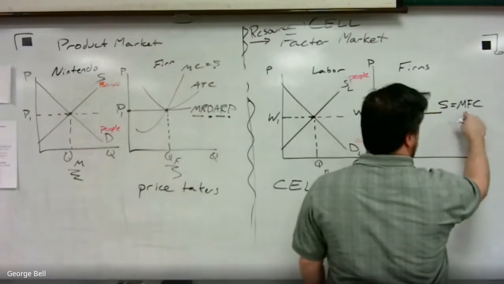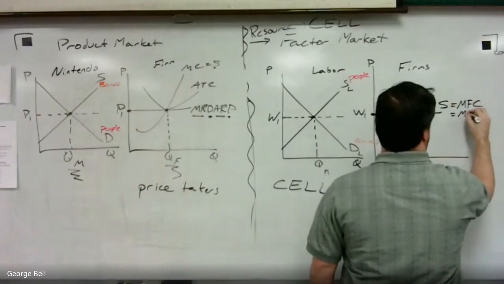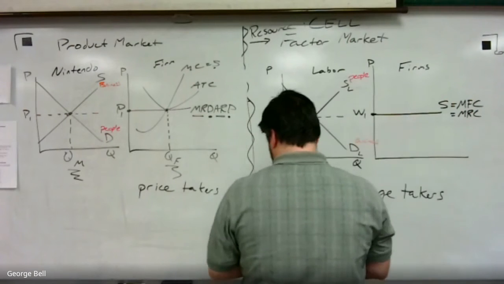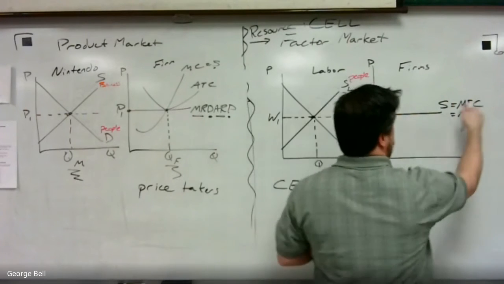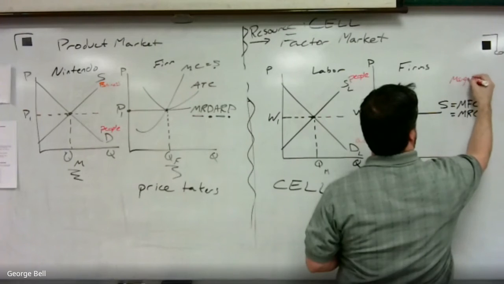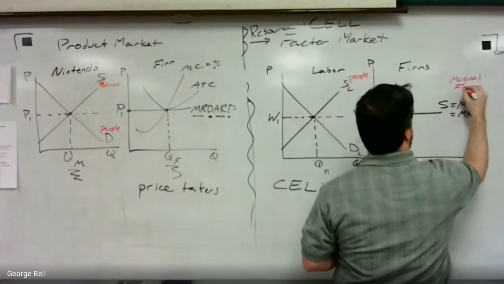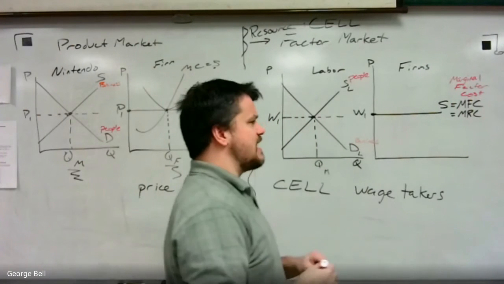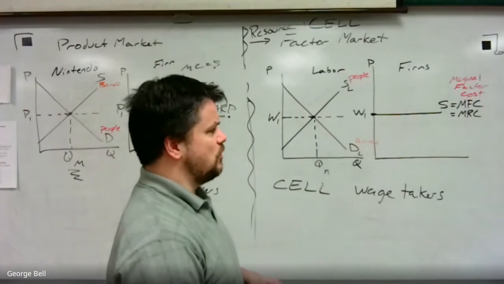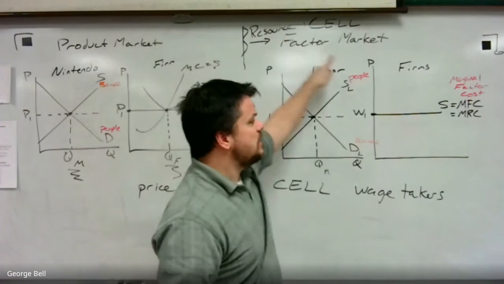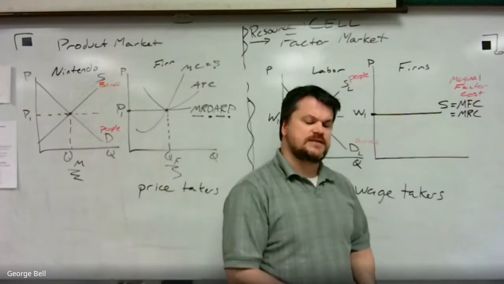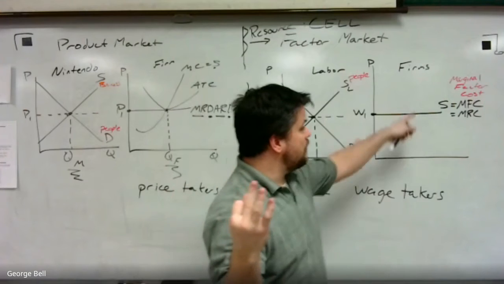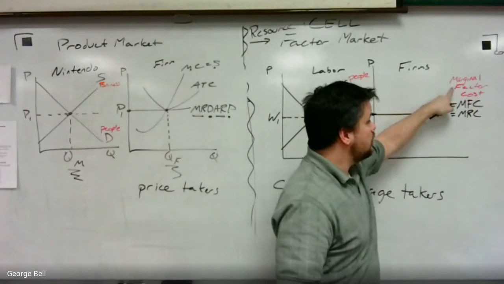Now MFC could also be MRC, and let's talk about what these stand for. MFC stands for marginal, F is factor, of course, and C is cost. So let's talk about what these words mean in economics. Marginal means additional, factor means resource, and cost is what a business pays. So marginal factor cost is what the business pays for an additional resource.